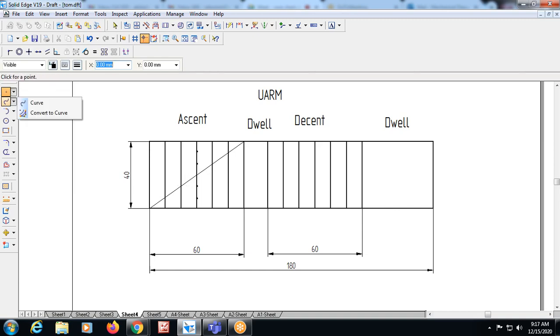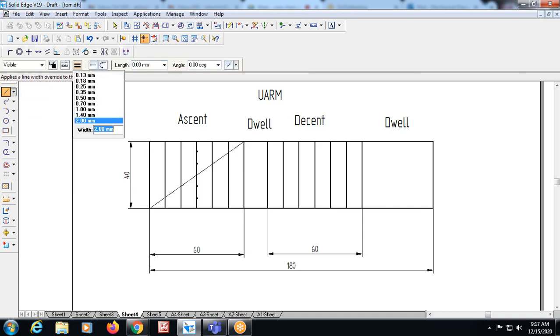Then you have to take the line from here, from this extreme starting point, and join this thing. Then similarly from the top side you join these lines, this to this corner. Now you will be getting the intersection points.